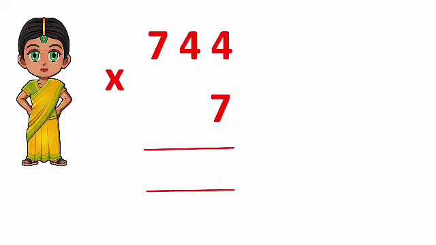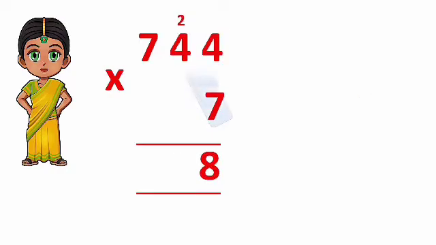First multiply 7 into 4. We get 28. Write 8 in ones place and carry over 2 to tens place. Now multiply 7 and 4. We get 28. Add 28 with 2.